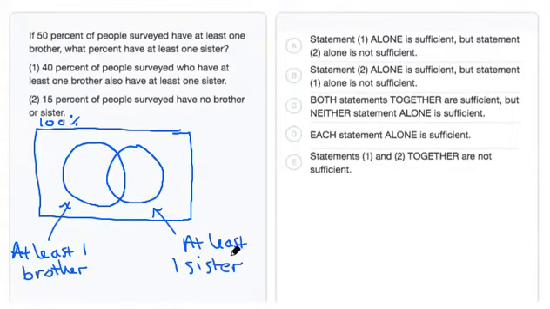Now let's give some variable names to these. The intersecting, overlapping people that have at least one brother and at least one sister are in these merging circles right here, this little sliver.